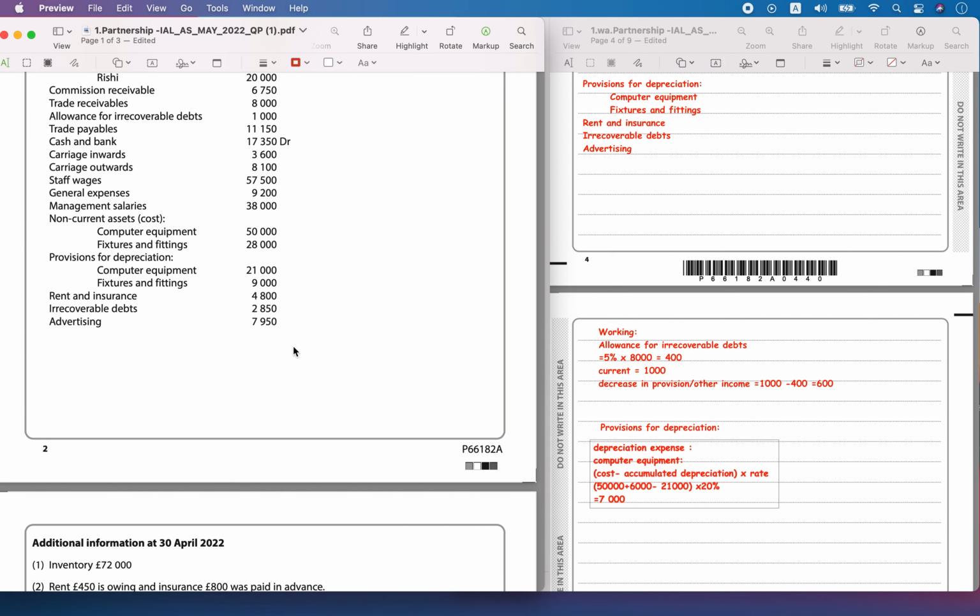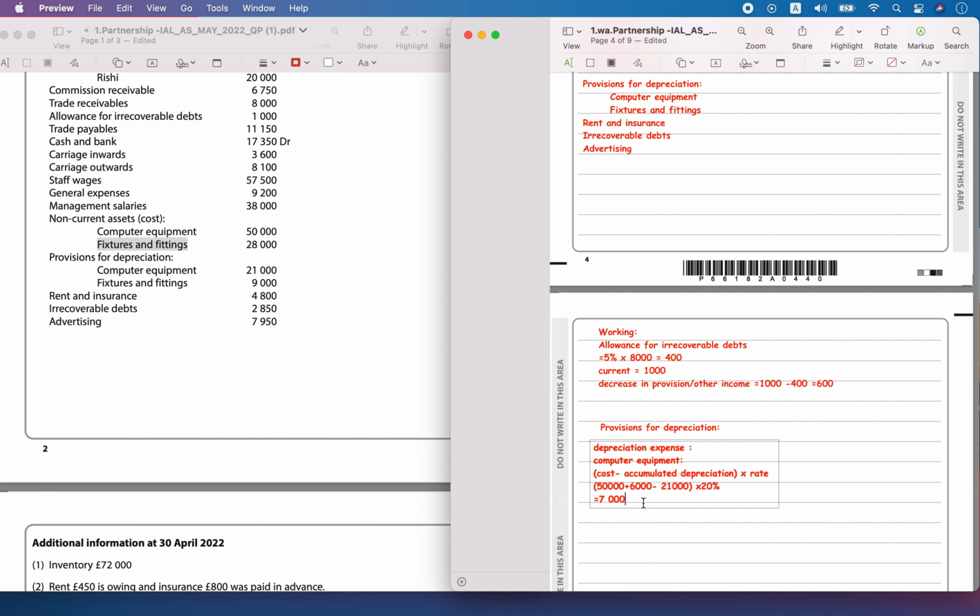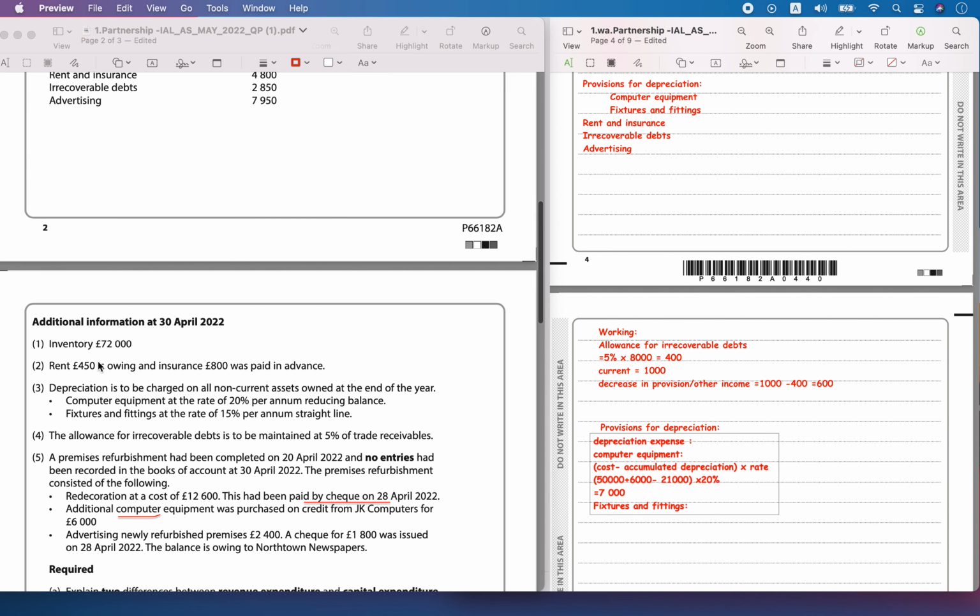Now you have to calculate for the fixtures and fittings. How will you calculate the depreciation cost for fixtures and fittings? They are on the straight line method, so even if you buy additional items, it is just affected by the cost present.